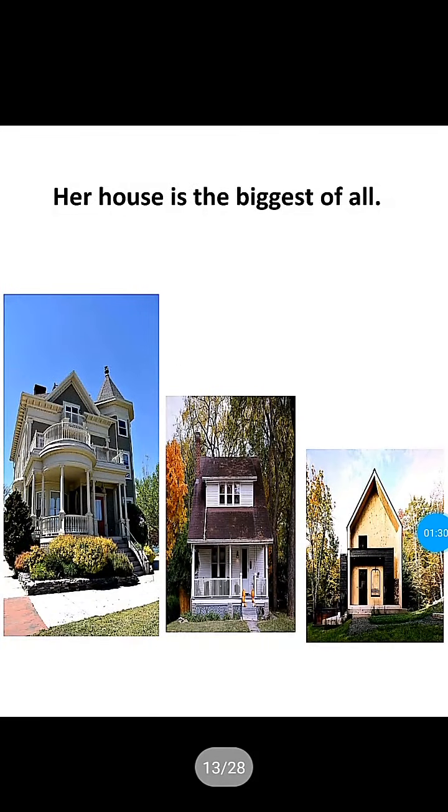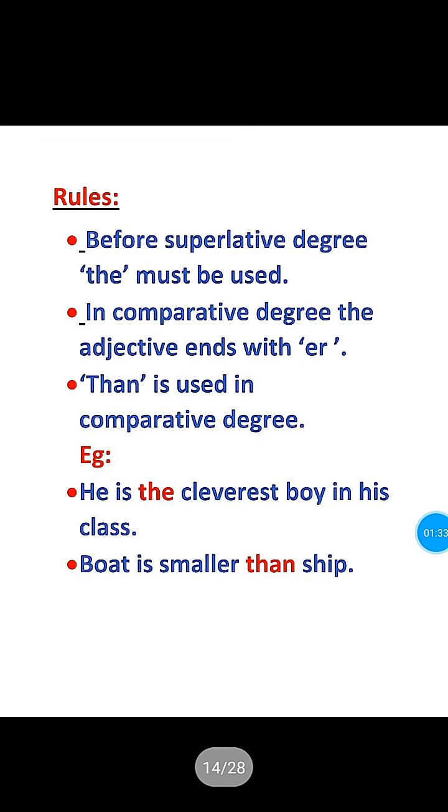Example, he is the cleverest boy in his class. Here, this is superlative degree, cleverest. Before the cleverest, the is used. And boat is smaller than ship. This is comparative degree. That's why we have to use than. Let us observe these sentences. He is the cleverest boy in his class. We have to use superlative degree. Why? Because let us see this picture. This boy who stands is the cleverest boy in his class.